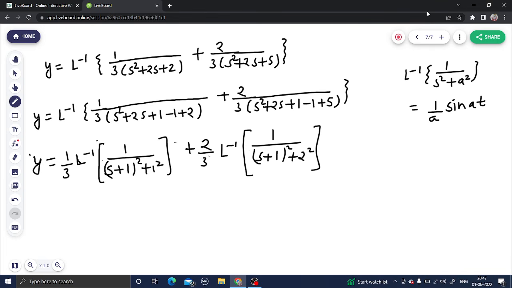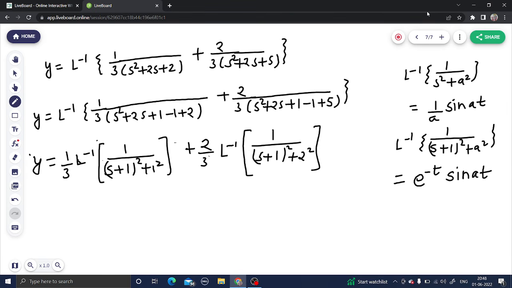And if we are replacing this s by s plus 1, this will basically become e power minus at, because here it is plus, a here is 1, and sine of at.